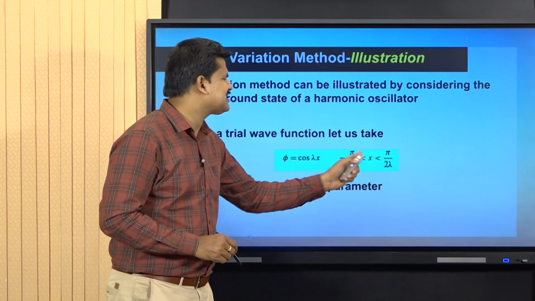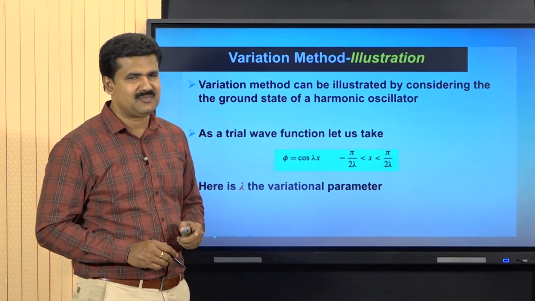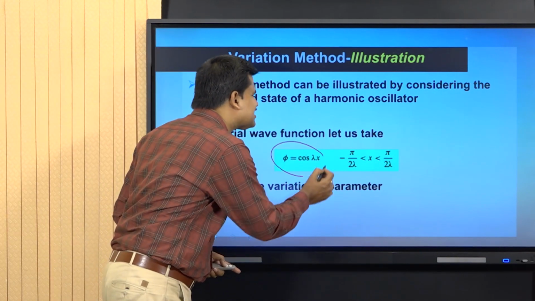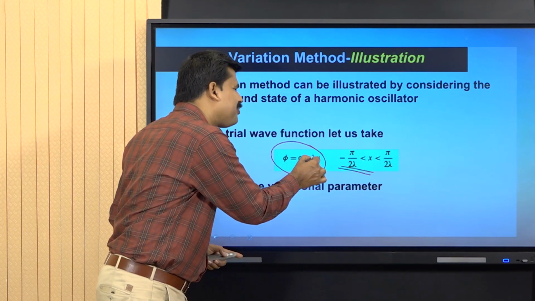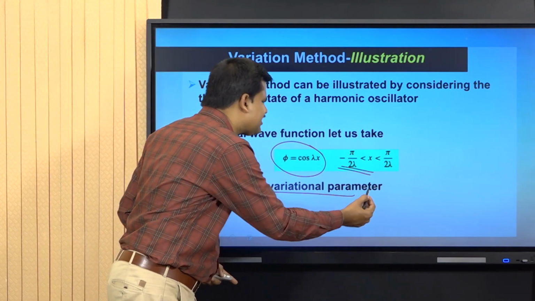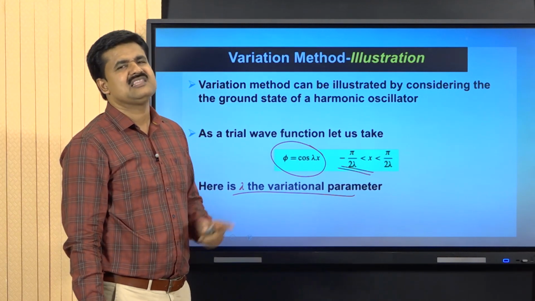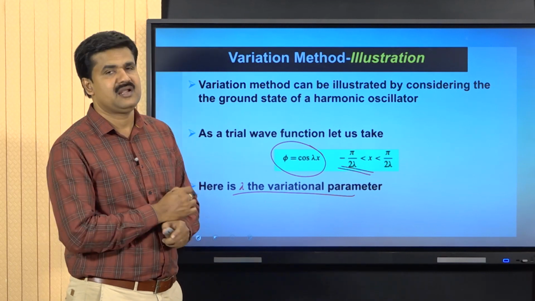This is taken as the trial wave function, and this is the range of x. Here lambda is a parameter that I already mentioned. The wave function as well as the energy depend on some parameter called the variational parameter.